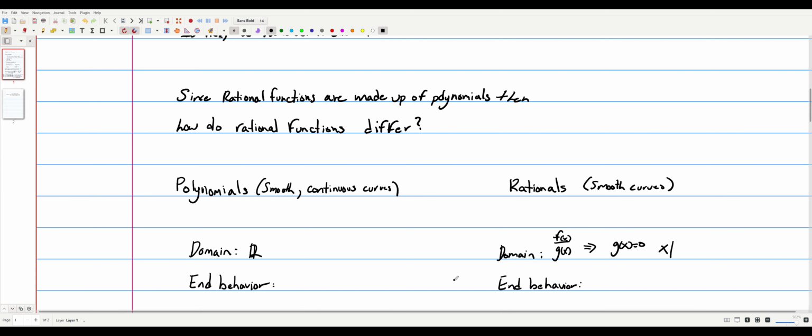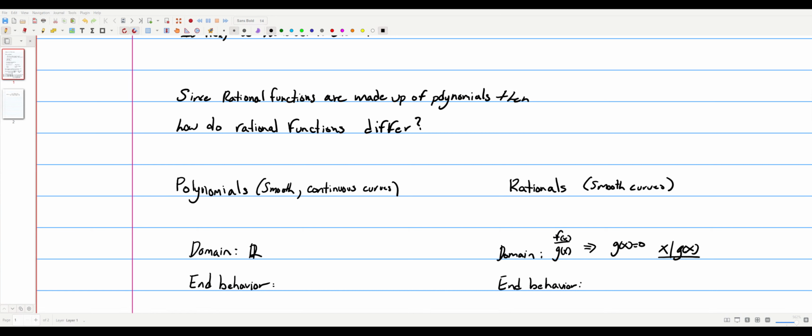So our domain is always going to be limited by the x such that g of x is equal to 0. Let me say that in a more intelligent manner, but the idea is the same.